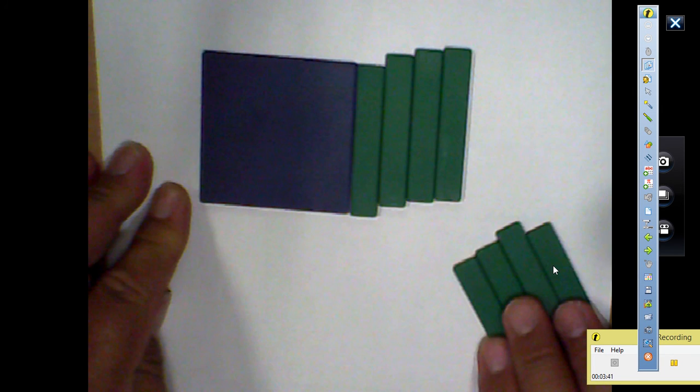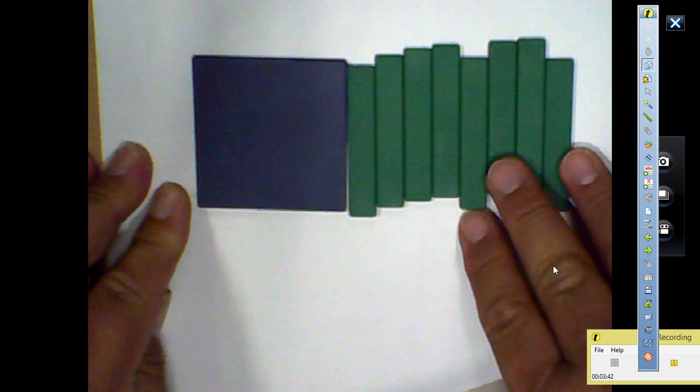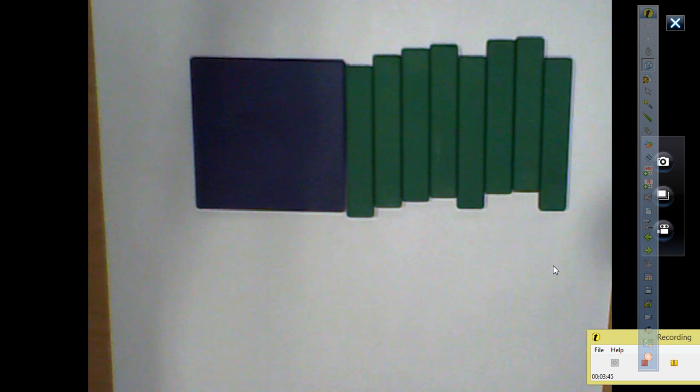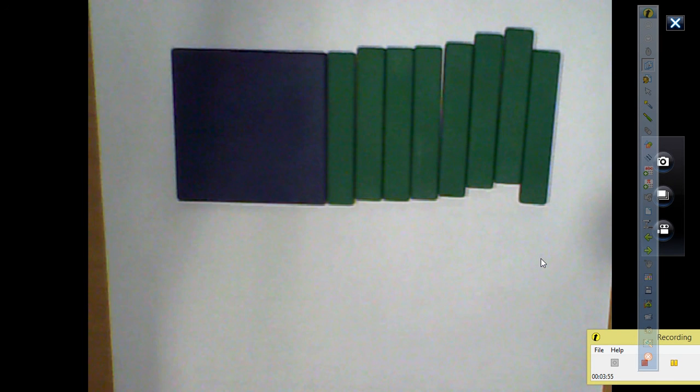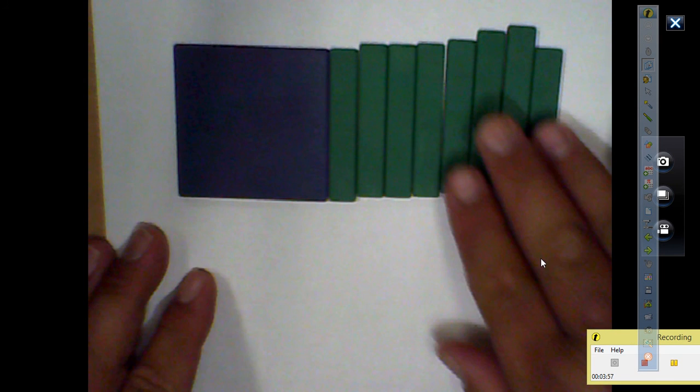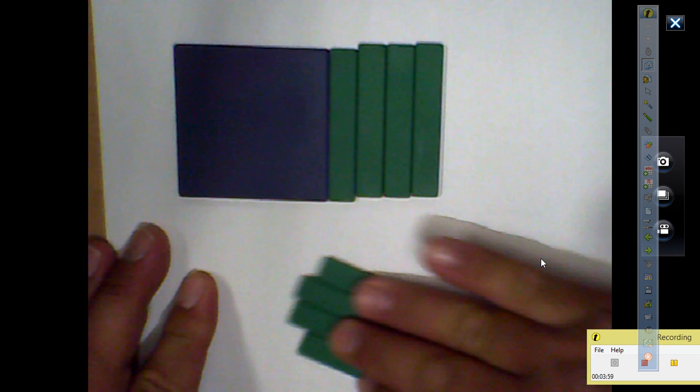Let me use another one. Look at this one. Tell your neighbor how would you split that up to make it a square. Okay, so I heard 4 and 4.